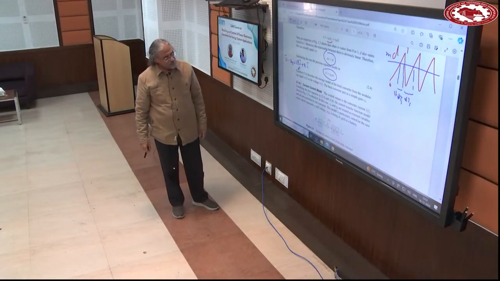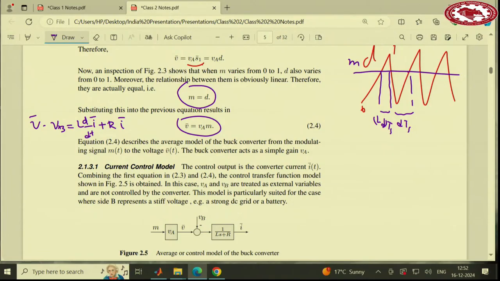And if you take Laplace transform of both sides of this equation, this becomes V bar minus VB, now in Laplace domain, equals LS plus R into I bar in Laplace domain. So M into VA gives you V bar, minus VB, divided by LS plus R, that gives you I.